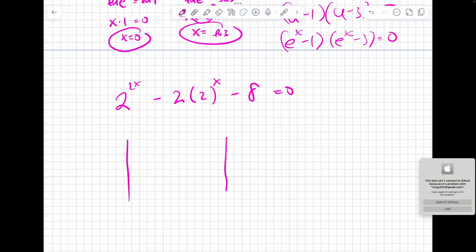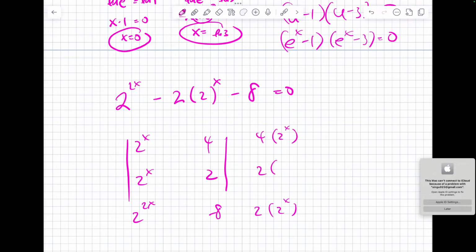All right, I'm gonna show you the end of this question. So this one is 2 to the x, 2 to the x. This one's gonna be 4 and 2. This one's gonna be 4 to the 2x and 2 to the 2x, right? Which one needs to be negative? This one needs to be negative, right?